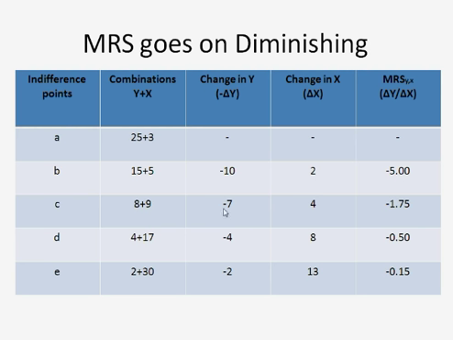On dividing minus 7 by 4, we get minus 1.75. So we are seeing that as and when we are substituting X for Y, the marginal rate of substitution of Y, X is decreasing.